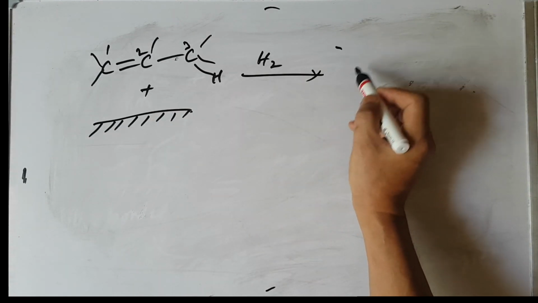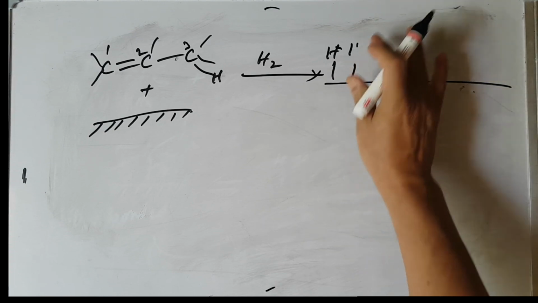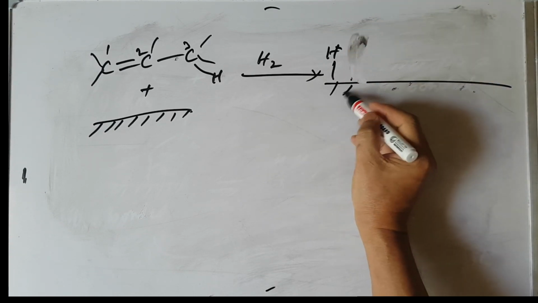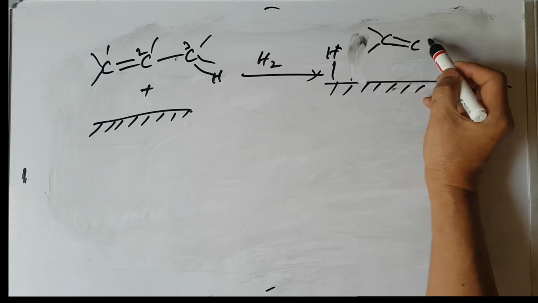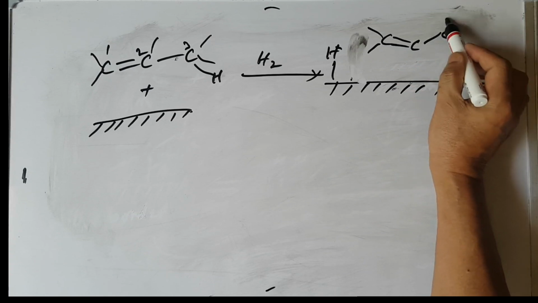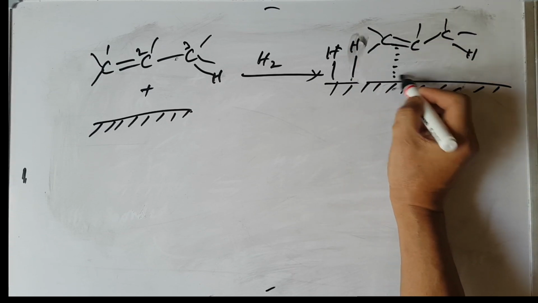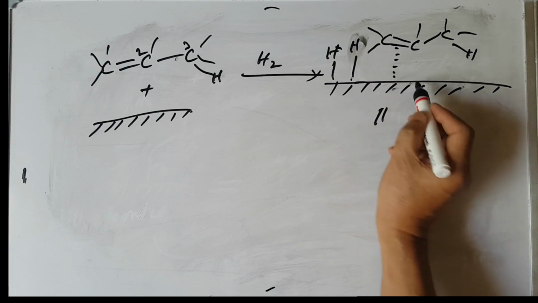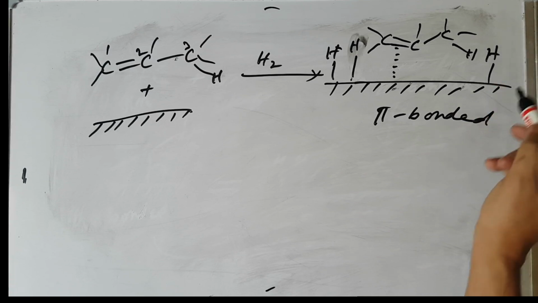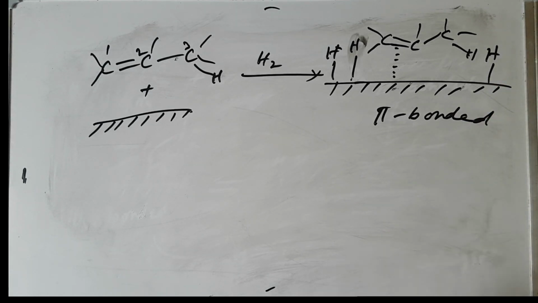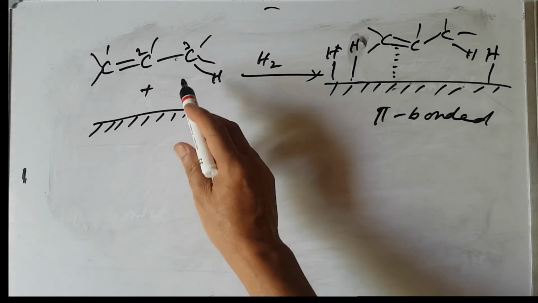While the absorption takes place on the surface of the catalyst, hydrogen is absorbed. Let's just say this side is the surface of the catalyst, and this is hydrogen, and this one is pi bonded, and hydrogen is also absorbed here. Here all this organic substrate is going to be reduced or isomerized.